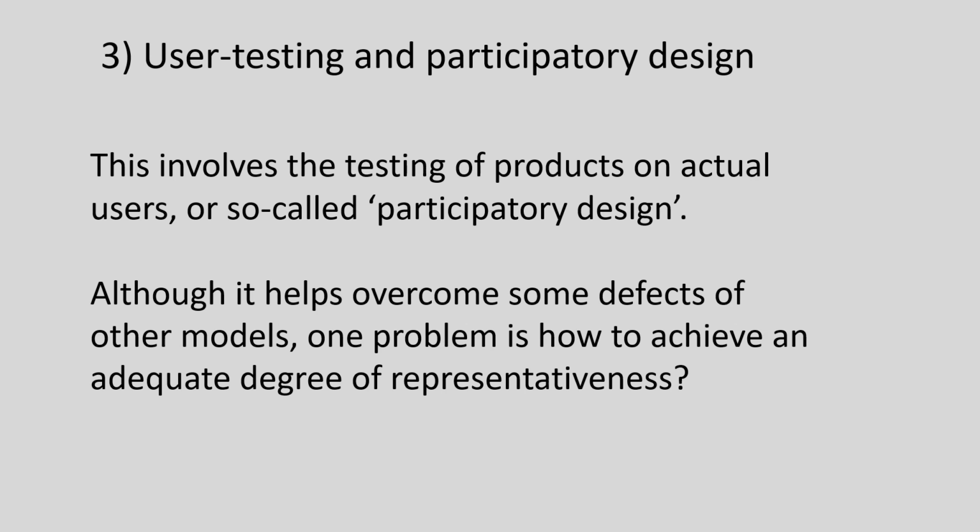If you're going to test on users, how do you make sure those users are representative? What are your criteria of representativeness? How do we represent the categories of gender and race and class and ethnicity, and make sure there's enough representativeness in that process?